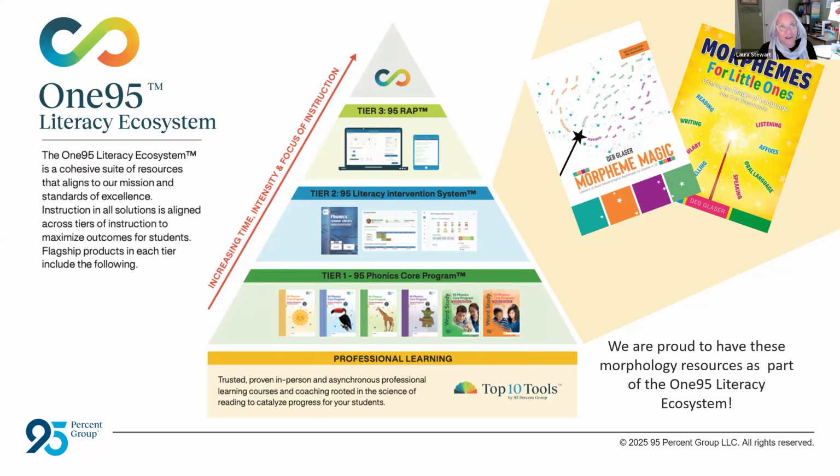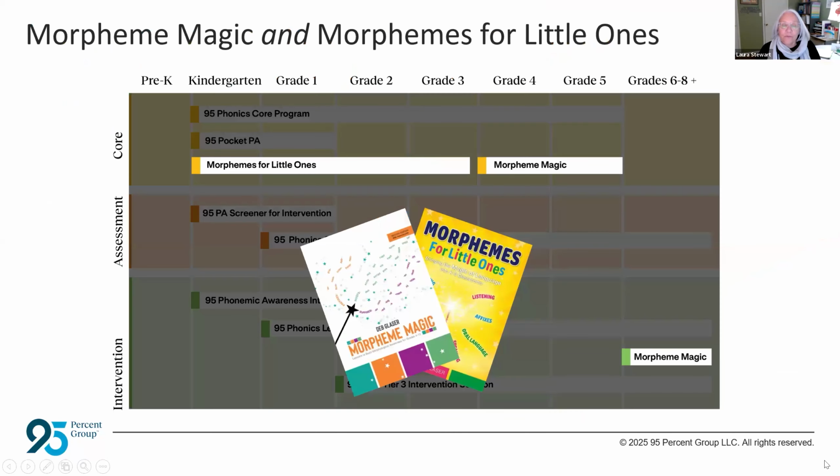Now, what you'll see here is Morpheme Magic and Morphemes for Little Ones, part of our 195 literacy ecosystem. So for those of you familiar with our products, you might be asking, well, how do these fit into our ecosystem? What you'll see here is that Morphemes for Little Ones is that perfect fit in our core K-3 portfolio of products, and Morpheme Magic is just right for 3-5 core.